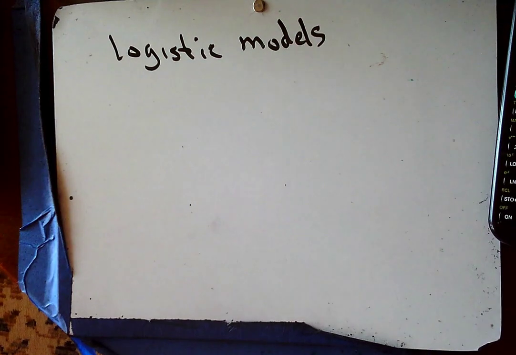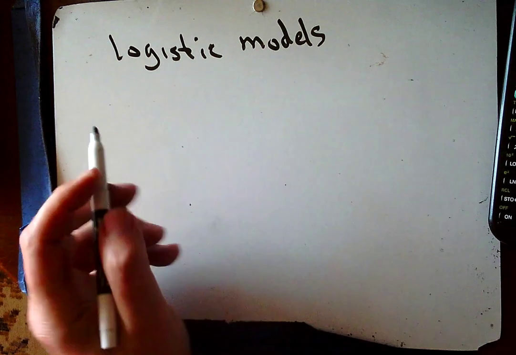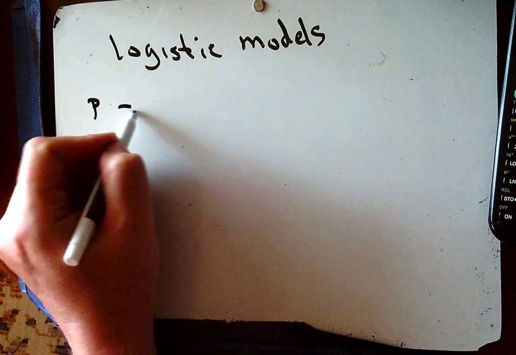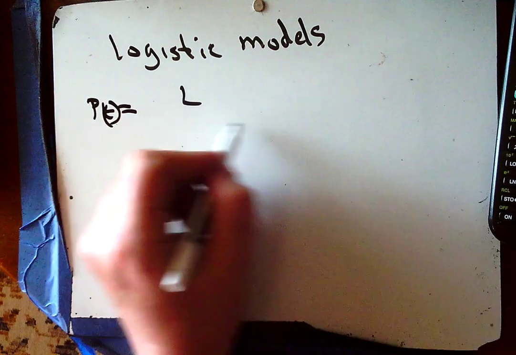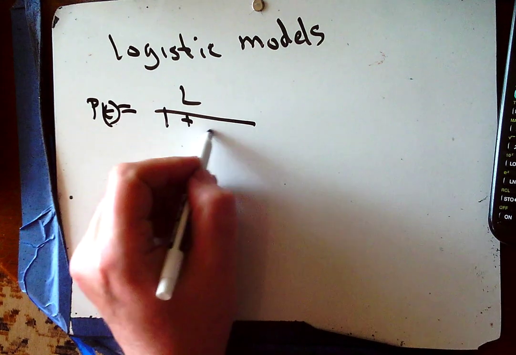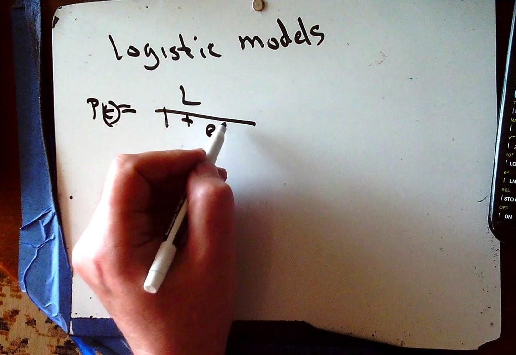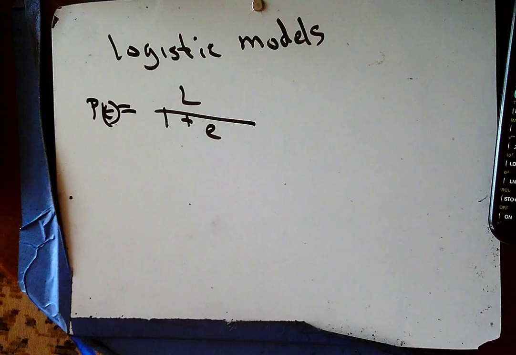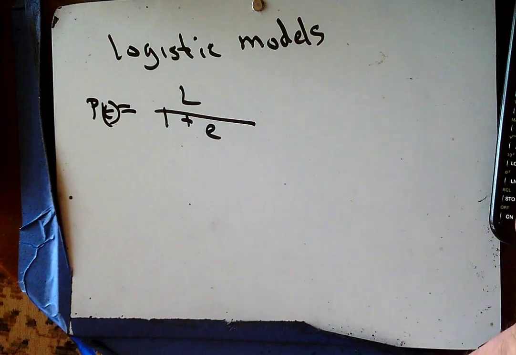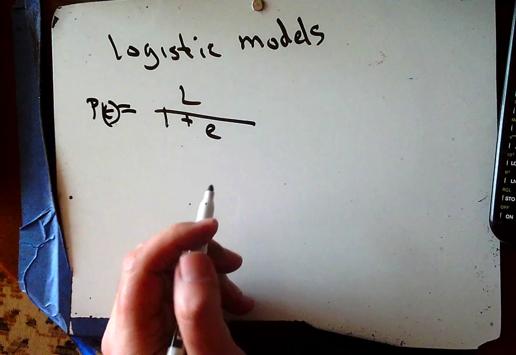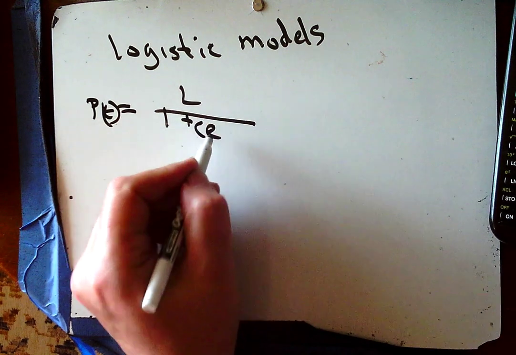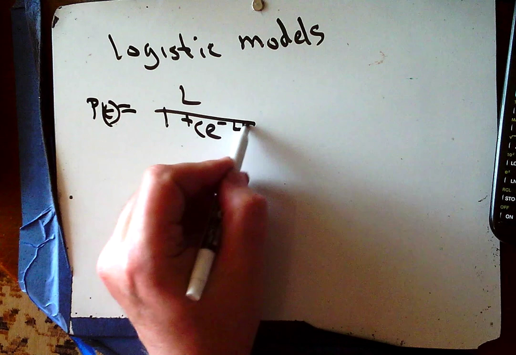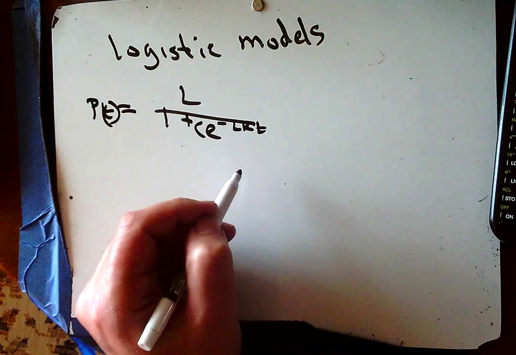And logistic models generally come in a form like P of t equals L over 1 plus e to the, where is it? There it is. C times e to the negative lkt. This is our general logistic form.